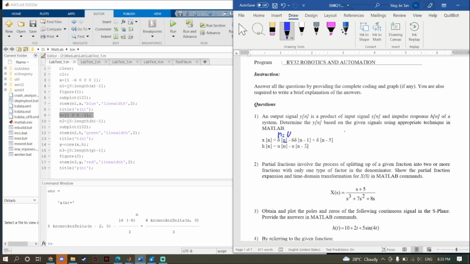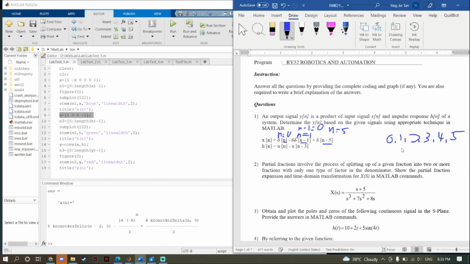Here, n minus 1 equals 0, so n equals 1. Same here, n equals 5. So our time frame will be 0, 1, 2, 3, 4, 5.